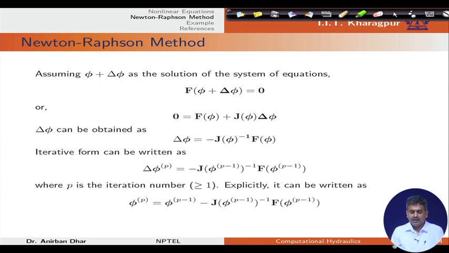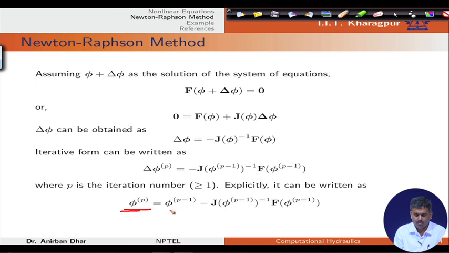So, explicitly we can write that this phi p, or updated value, equals my old value plus del phi p. Now, del phi p is again minus J inverse f of phi.